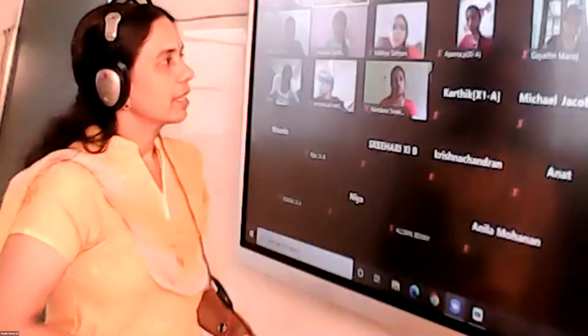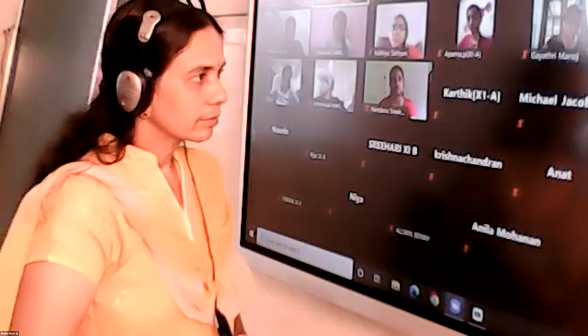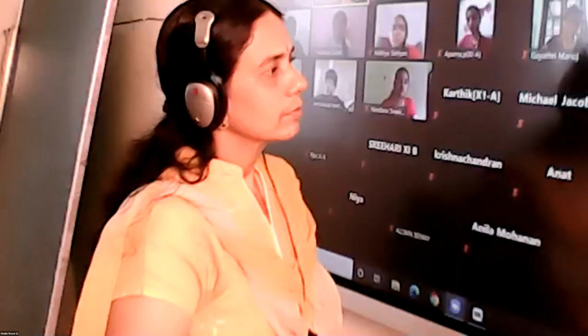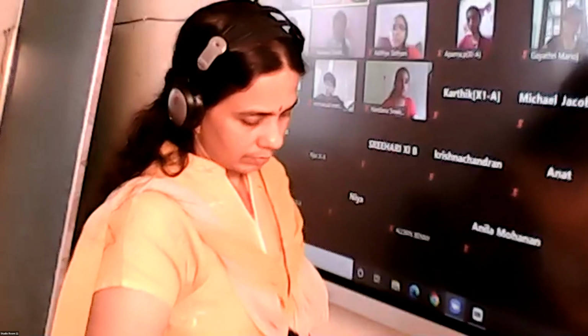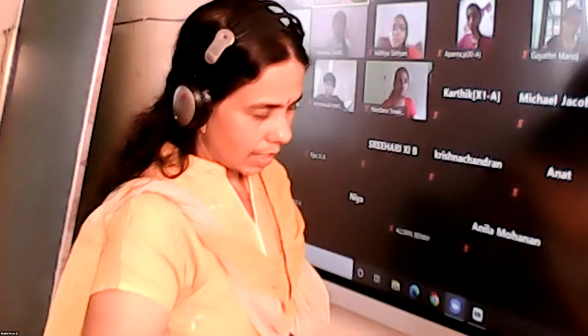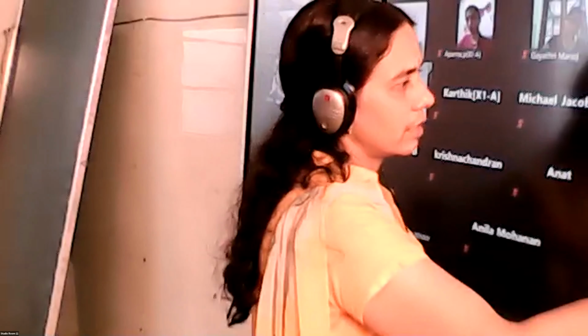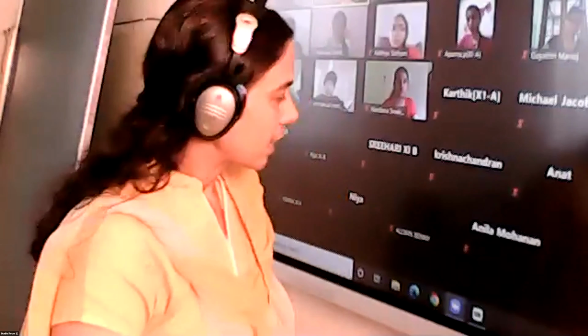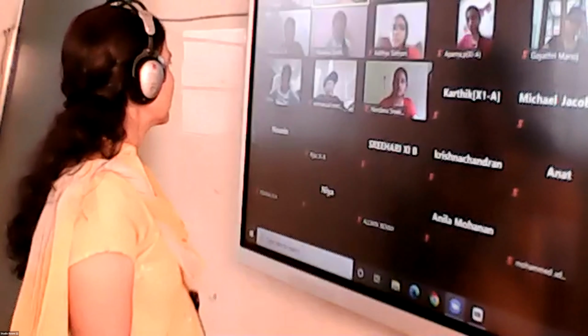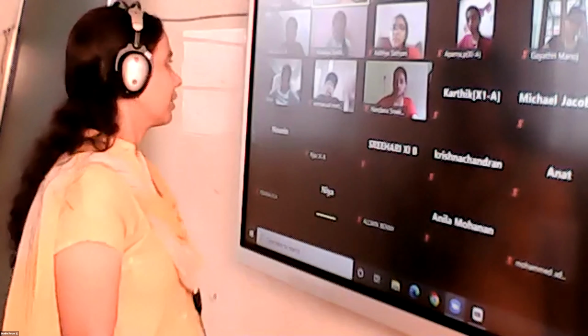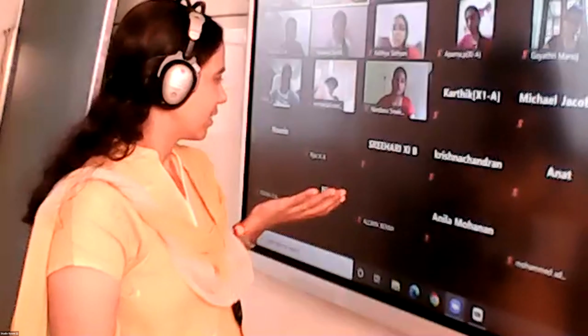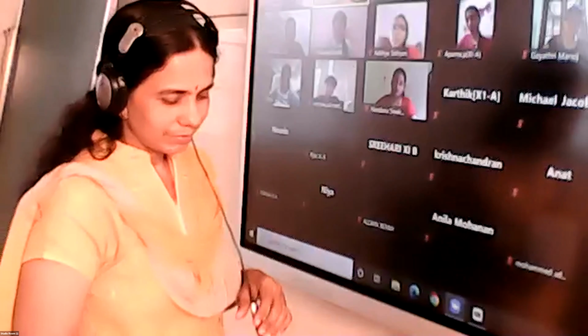Nia? Root 5 by 3. Yes, it is root 5 by 3, correct. Then length of latus rectum? Dia? 8 by 3.